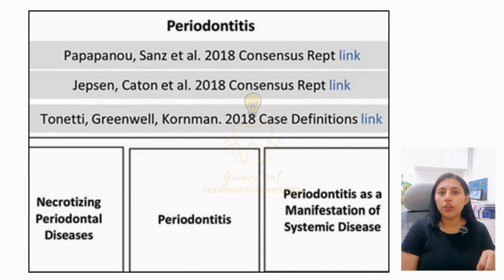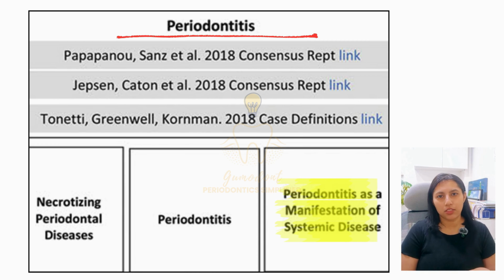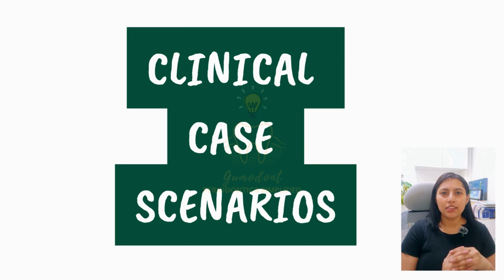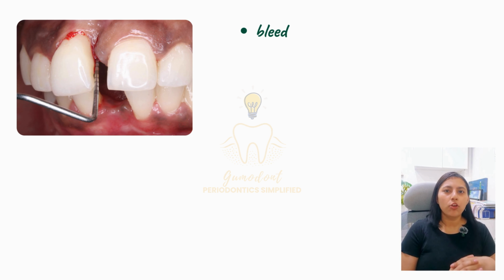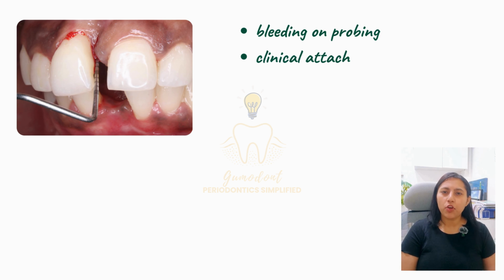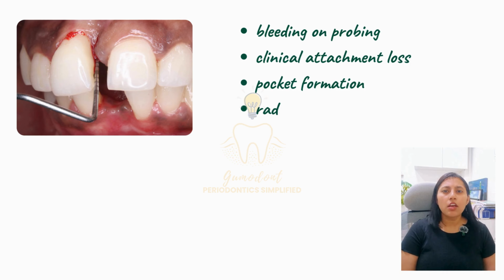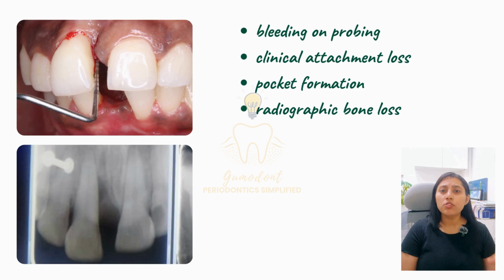Now, according to the new classification, periodontitis is divided into three forms: periodontitis, necrotizing periodontitis, and periodontitis as a manifestation of systemic diseases. Let us understand these clinically. Imagine a patient comes with bleeding on probing, clinical attachment loss, pocket formation, radiographic bone loss, but there is no necrosis and no systemic disease affecting immunity.